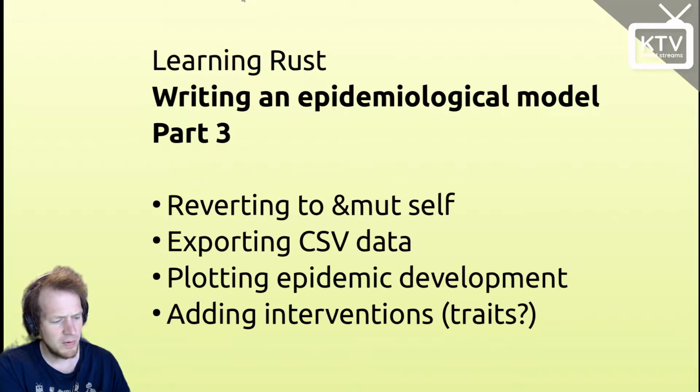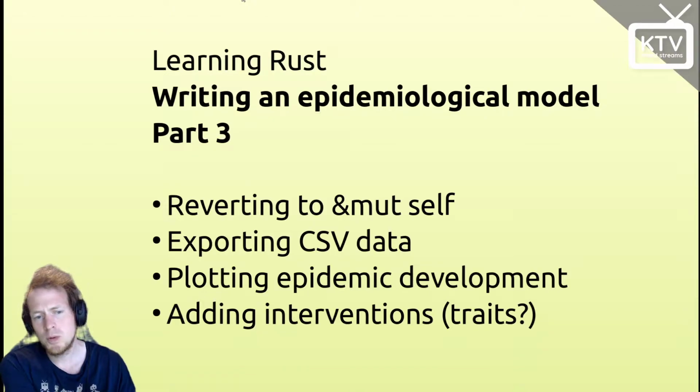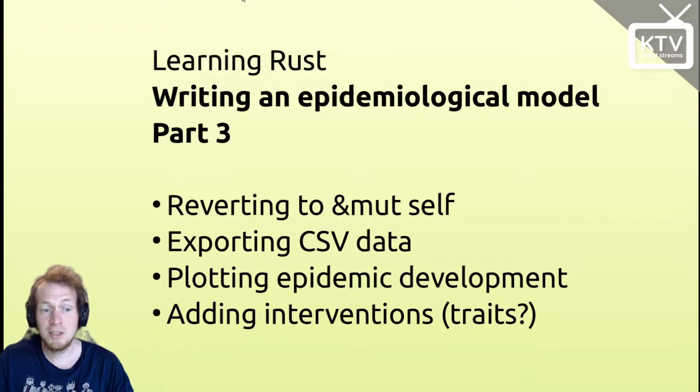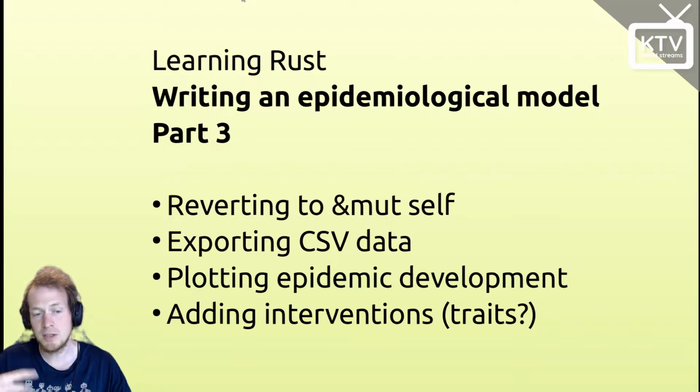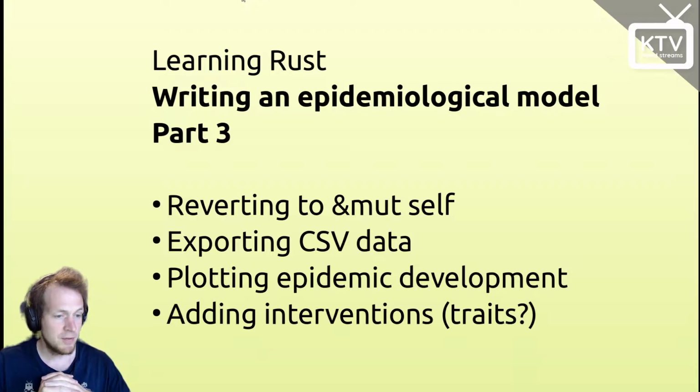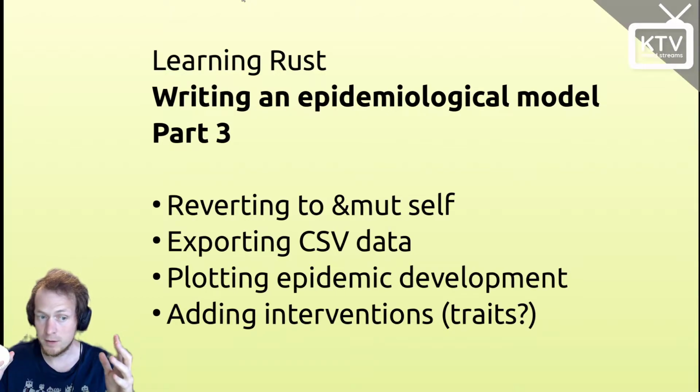But what I do hope eventually is to have the ability to at least add some interventions so that at certain points we can reduce the infection rate and see how that happens. We can adjust the R0, the reproduction number. One of the more important things in terms of learning Rust, which is the goal here, is to make it multi-threaded so that eventually we'll be able to make the simulation run faster, I hope.